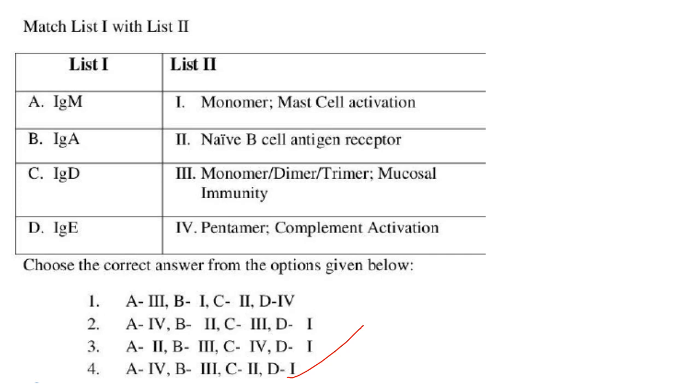IgA is a monomer, dimer, trimer and involved in mucosal immunity. Then IgD is a naive B cell antigen receptor, and IgE is a monomer and involved in mast cell activation. So the answer here is option 4, A4, B3, C2 and D1.